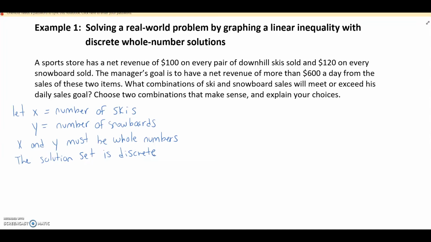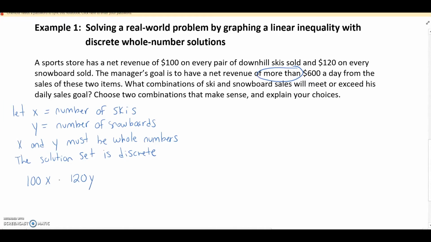Okay? So how do I set up this inequality? And how do I know that it's an inequality? Well, it says the manager's goal is to have a net revenue of more than $600 a day. Not equal to $600 a day, but more than $600 a day. So if I set up this inequality, I'd collect revenue of $100 on every pair of skis, and I'd collect $120 on every snowboard.